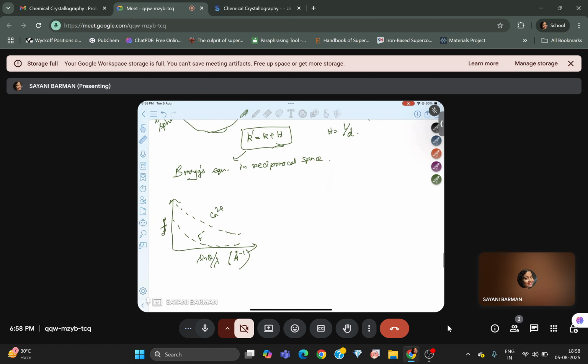F is denoted as the form factor, and in notation it equals the amplitude of the wave scattered by an atom divided by the amplitude of the wave scattered by one electron.